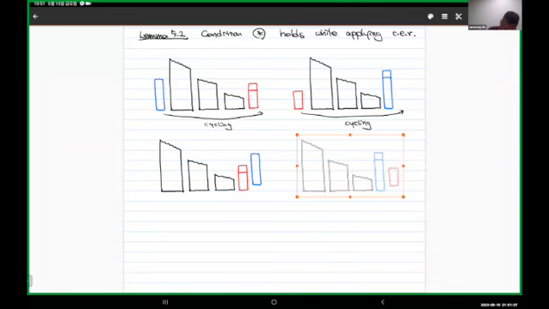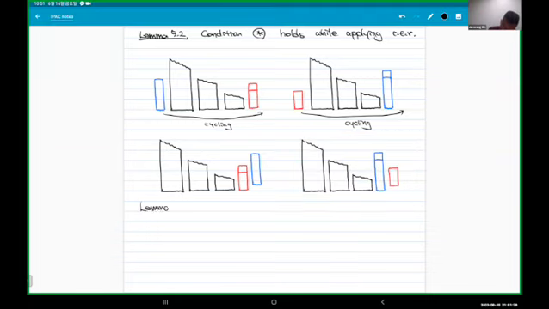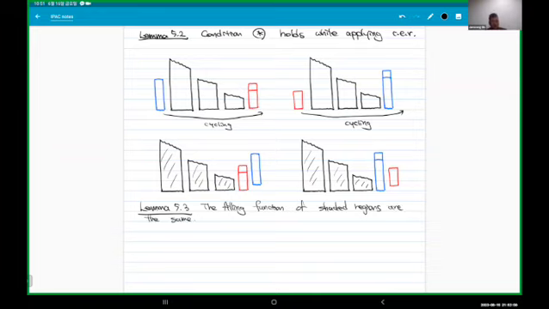And lemma 5.3 asserts that if you see this shaded region, the shape is obviously the same because we started from those kind of shapes. But moreover, what we obtain is that the filling functions of these shaded regions are the same.